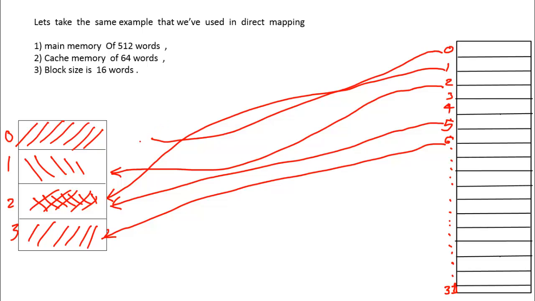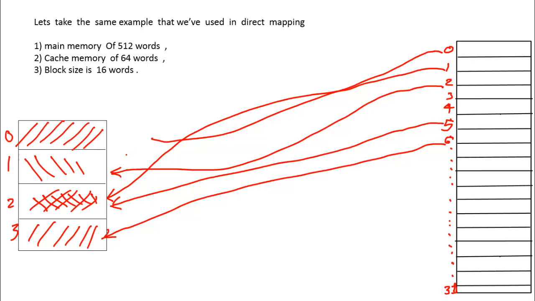All right, so there is no such particular rule like direct mapping. Any block of main memory can be inserted anywhere in the cache memory as long as there is an empty space or your insertion algorithm or insertion rule allows that.